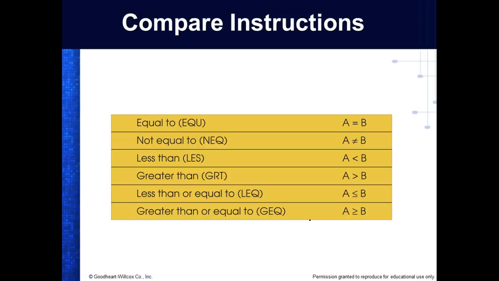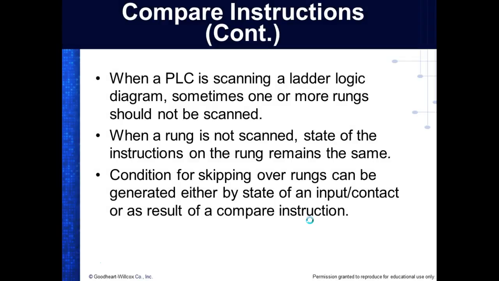LEQ is less than or equal to. GEQ is greater than or equal. And then they also give you the little mathematical symbols. So remember, the big one is pointing forward and the small one is the other way. A is greater than B. And then we can combine these to actually set up a range, which is really neat.